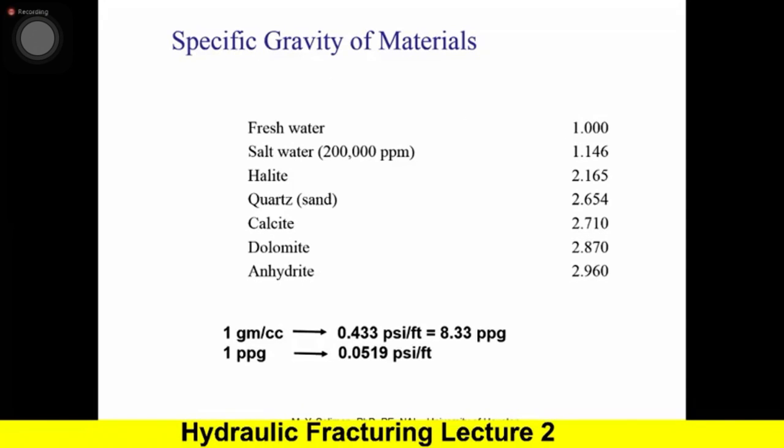So to get the stress downhole, it is the integration of the depth times specific gravity times 0.433, which is the gradient of fresh water. So in case of quartz, it is about 2.65, so 0.433 times 2.65 gives you a little bit more than 1 psi per foot.